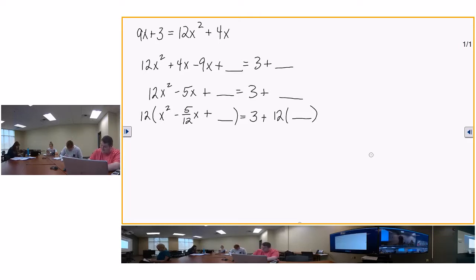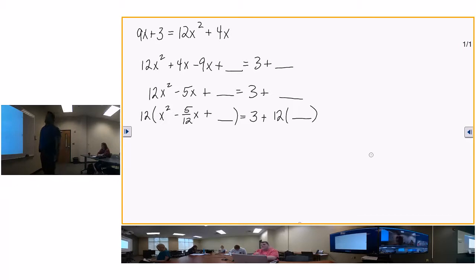All right. Now I'm going to pull this over to the side, because some of those people had bad teachers or were bad students or a little bit of both, and you didn't learn how to do fractions. I'm going to take 5/12 over here.